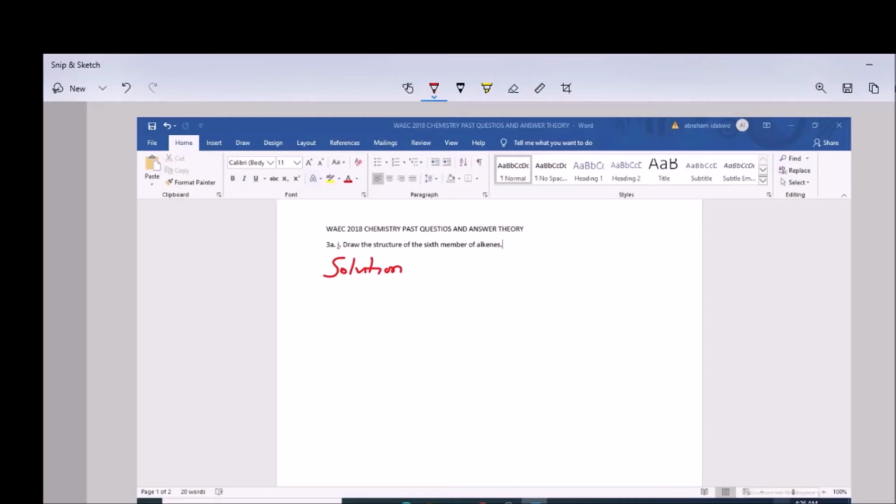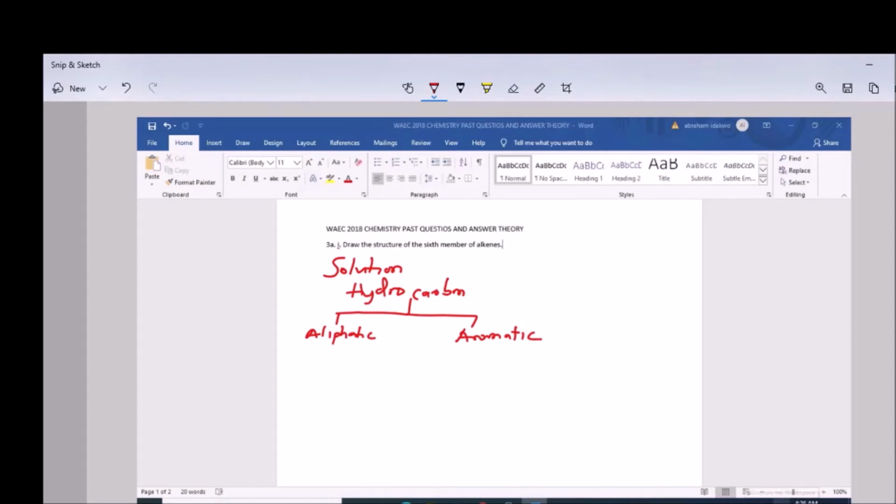Now we are asked to provide the structure of the sixth member of alkanes, but we have the hydrocarbons divided into two, which are aliphatic hydrocarbons and aromatic hydrocarbons.